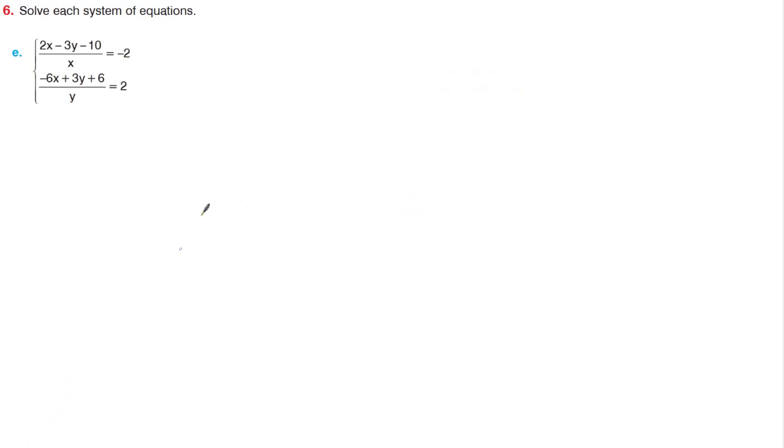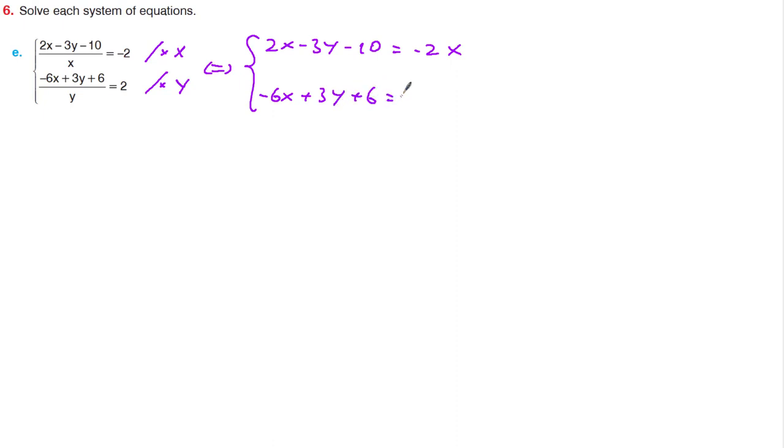homework. And the last one would be this equation, which I will just give you a hint how to start solving it. So if you multiply the first equation by x and the second equation by y, you will get 2x minus 3y minus 10 is equal to negative 2x, and negative 6x plus 3y plus 6, it's 2y, and we can add 2x to get rid of these 2x on the right side.